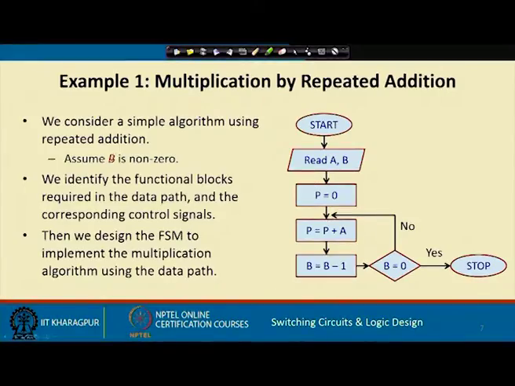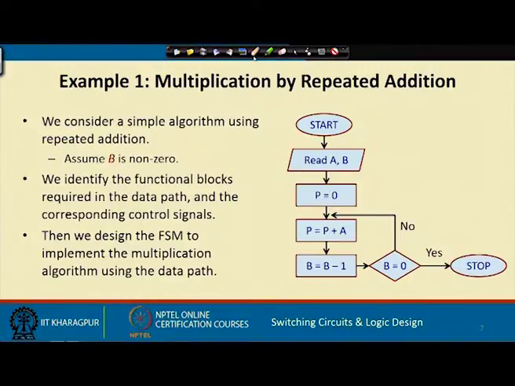That is one way to carry out multiplication. Of course, it may not be very efficient. So, if the numbers are very large, you will have to add so many times, but this is a very simple method. Let us try to see how this can be designed, right. Here I am assuming that the second number is non-zero, because here we are not checking whether the second number is 0 or not.